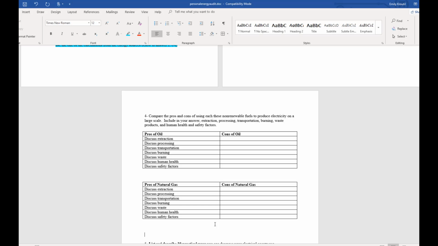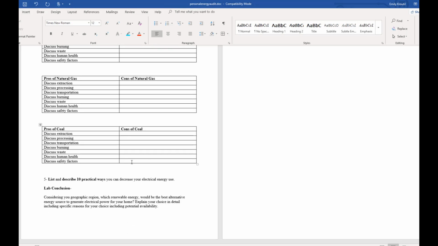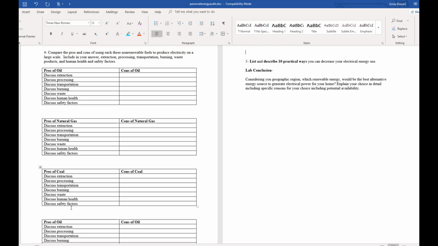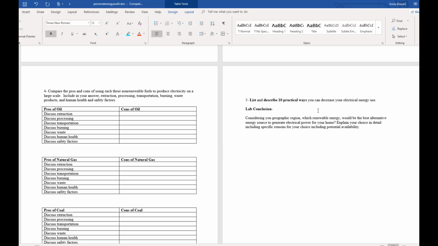Okay, what else? We can do, was it coal? This is going to be really helpful for your test. This is going to be really helpful for the AP exam. So I know it seems like kind of an afterthought of this lab, but it's actually going to be super helpful, even though it seems like a tedious exercise. I would actually save this and use it to study for your AP exam, honestly.